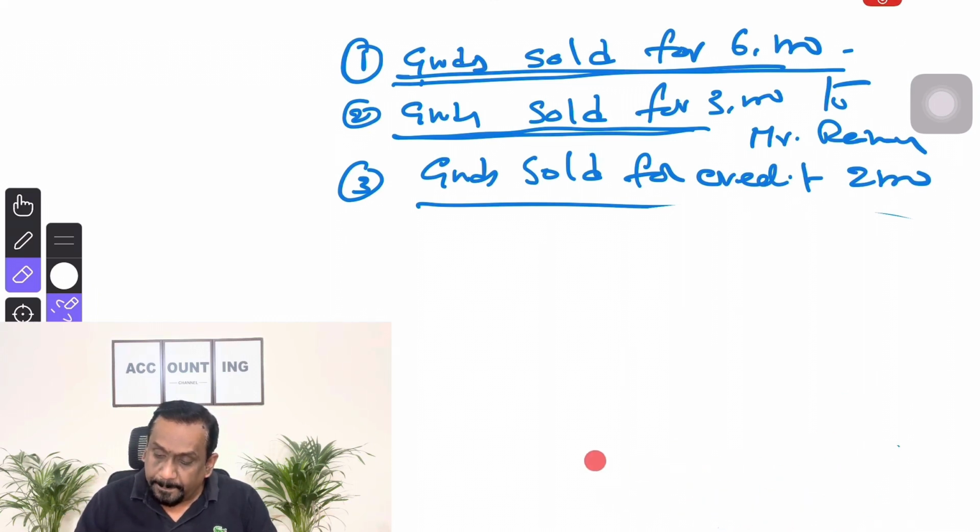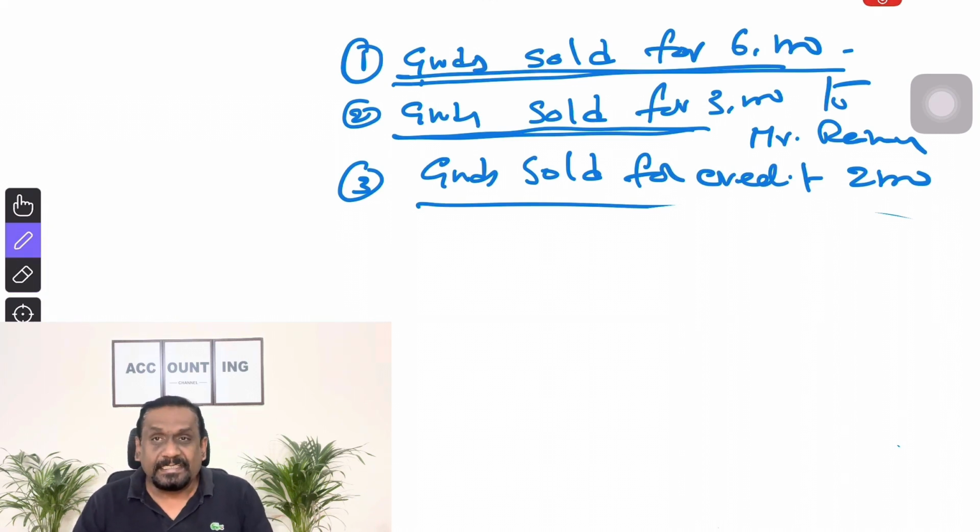Next, what did they say? Goods sold for credit. They mentioned only credit. In general, if the transaction is a credit transaction, they have to give the name. They might test this in our examination. If the name is not given, some students ask me, sir, name is not given, they simply said credit, so I don't know how to book this entry.